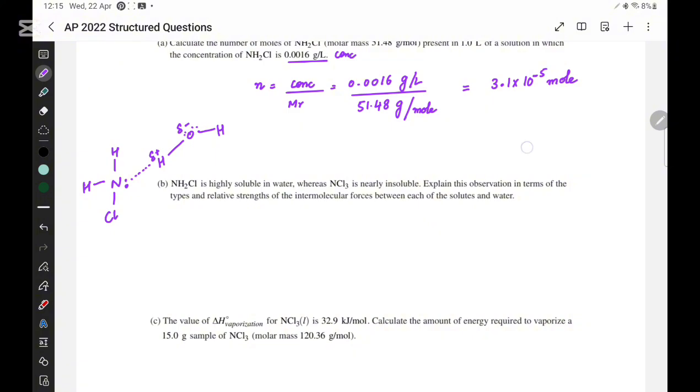So even NCl3 can also form hydrogen bonding with water. Okay, this is hydrogen bonding that they are trying to establish with water.